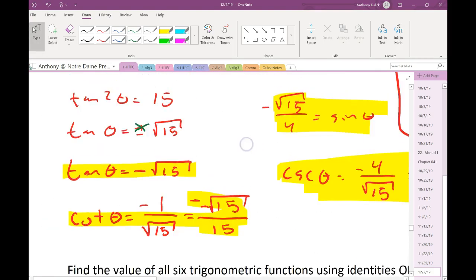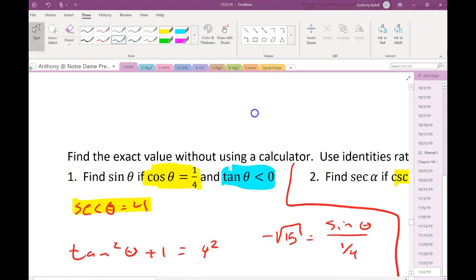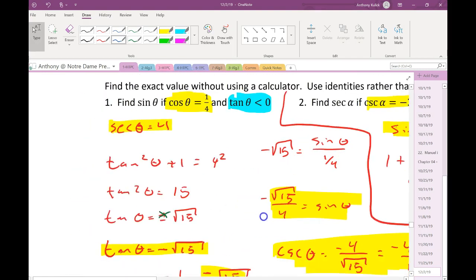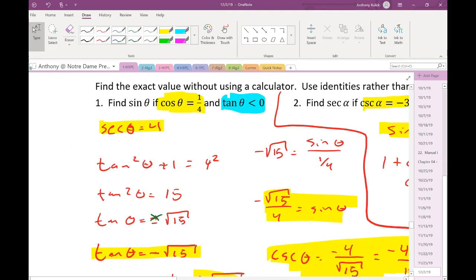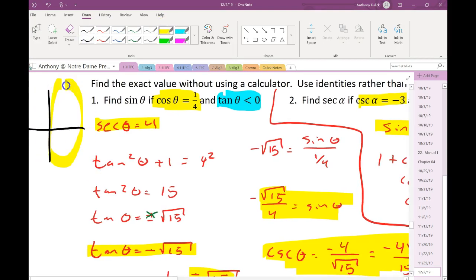So it's the same idea as one of these kinds of problems. If I know cosine is positive, I know I'm looking in these two quadrants. And if I know tan is negative, I'm looking at one of these two quadrants. So my triangle that I'd be drawing is in this quadrant. The hypotenuse for this triangle would be 4, and the adjacent side would be 1.